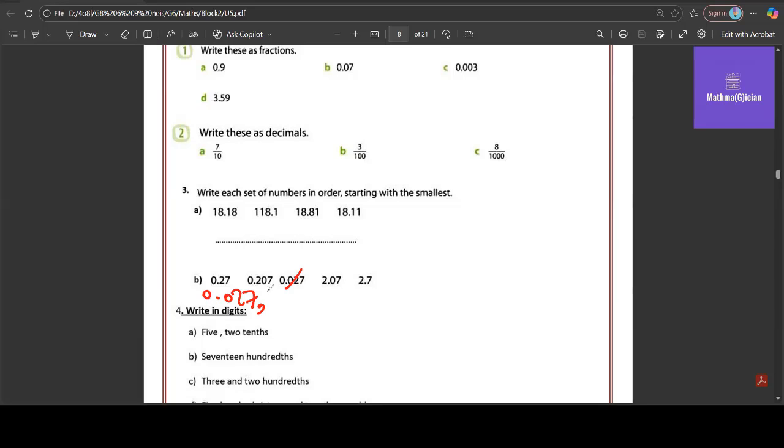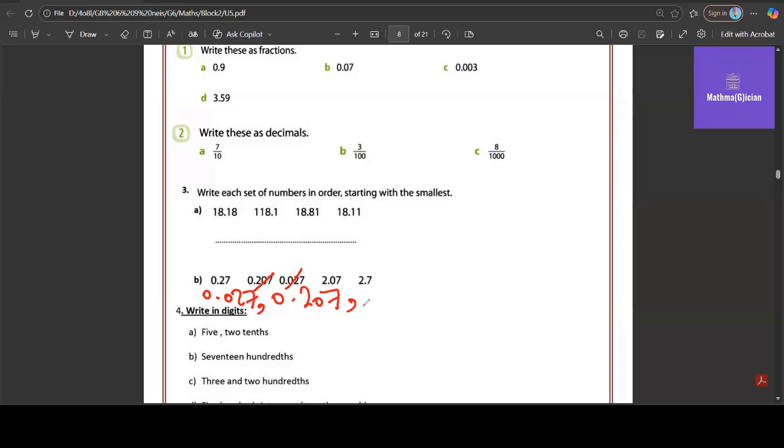You want it from the greatest or from the least? The least, the smallest. Okay. And the next number will be 0.207. Is it correct? Yes, 0.207 is correct.